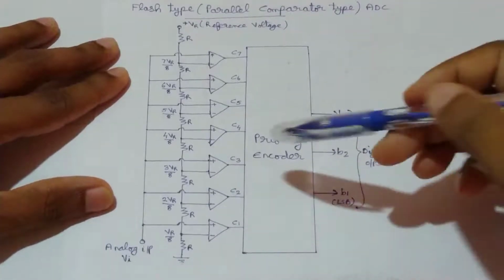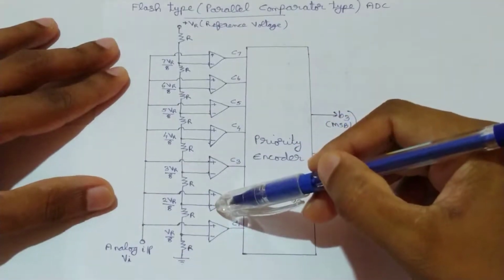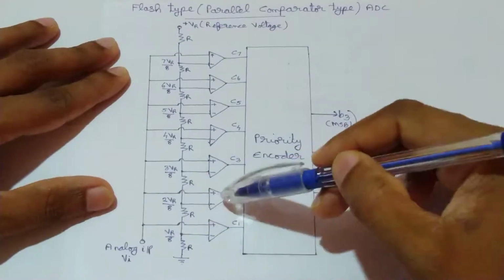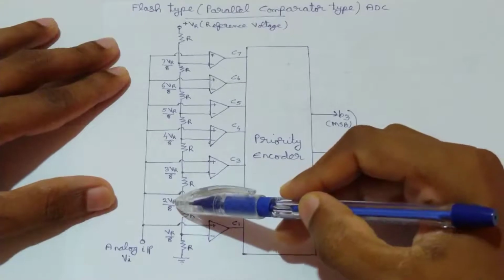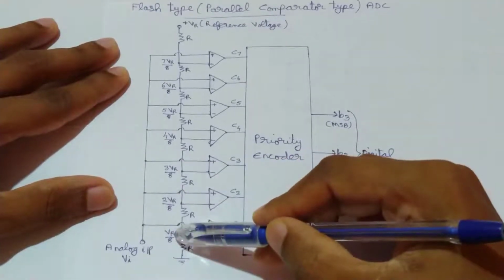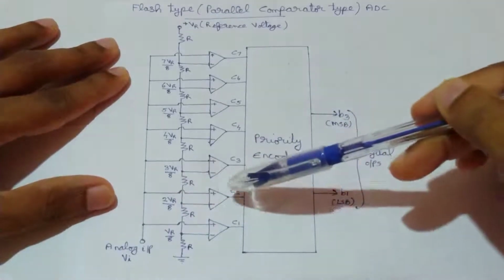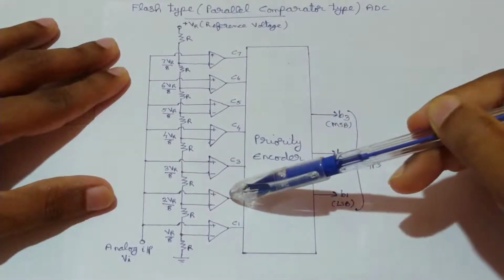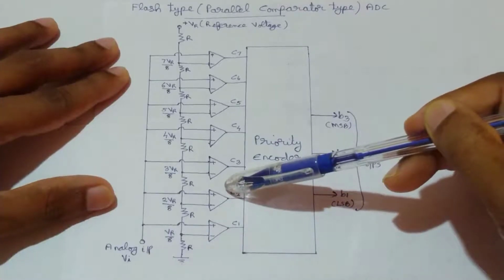Okay, then consider this comparator 2. Its inverting terminal is connected to 2 VR by 8, or the reference voltage to this inverting terminal of comparator 2 is 2 VR by 8, and this VA is less than VR by 8, so it is also less than 2 VR by 8. That means voltage at the inverting terminal of this comparator 2 is greater, so its output will be low or logic 0.